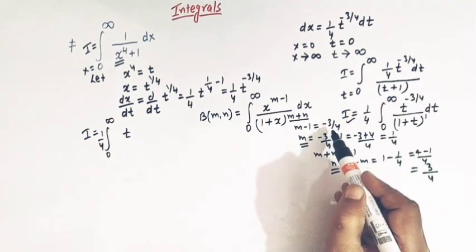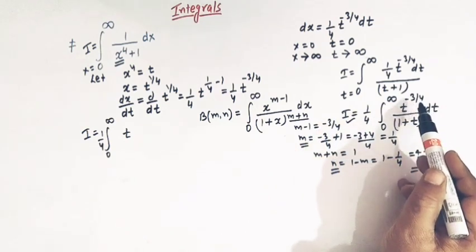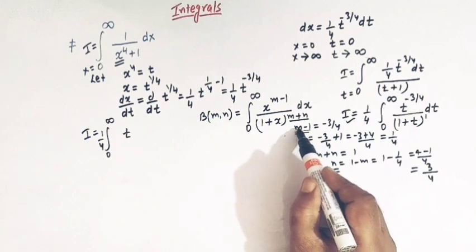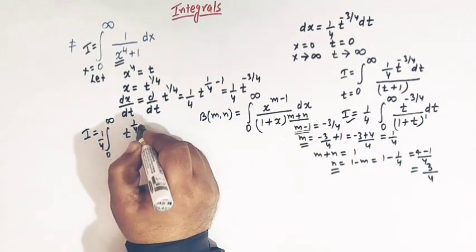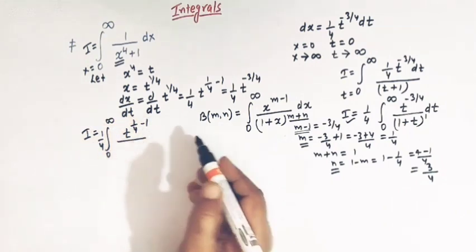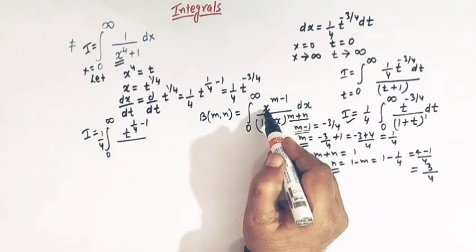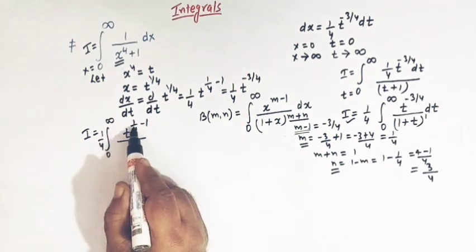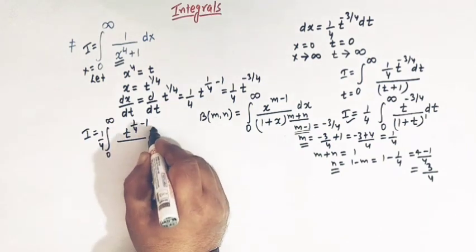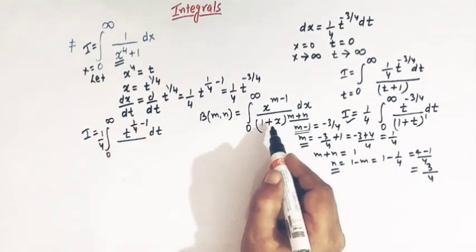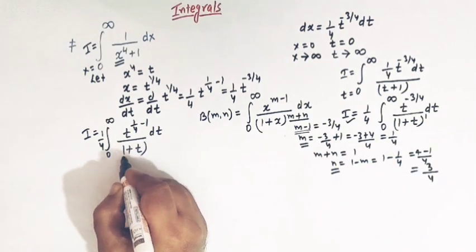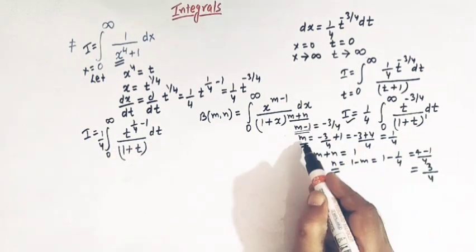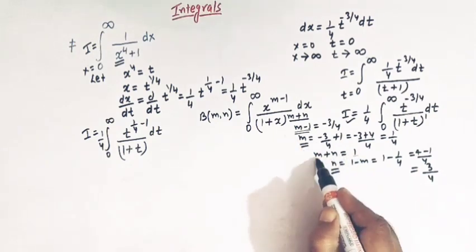So here t raised to minus 3 by 4 can be written as m minus 1, and m is 1 by 4. So we can write 1 by 4 minus 1, so that we can get this term x raised to m minus 1, right? And here we have dt, and 1 plus t raised to 1. So we have 1 plus t raised to 1. 1 is equal to m plus n.